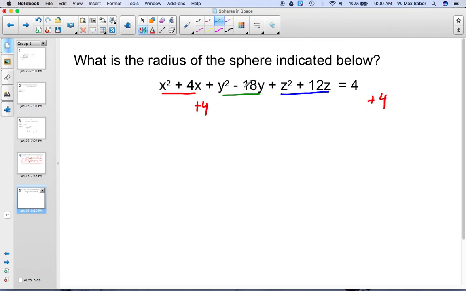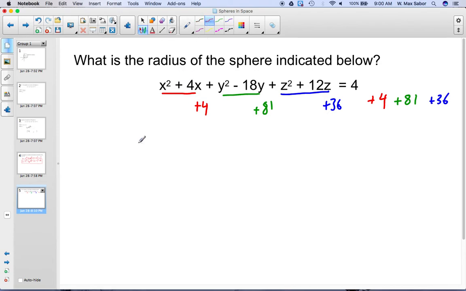For this, we're taking half of negative 18 is negative 9, squaring that gives us 81. So I'm adding 81 to both sides. For blue, I'm taking half of 12 is 6, squaring that is 36, adding that to both sides.